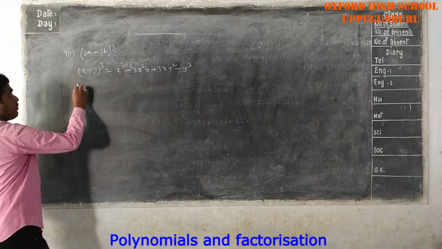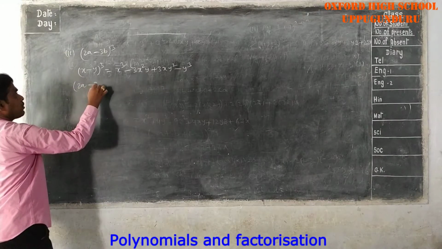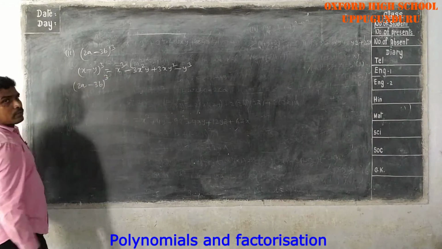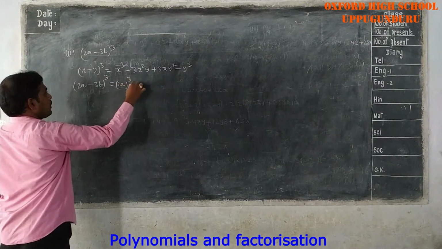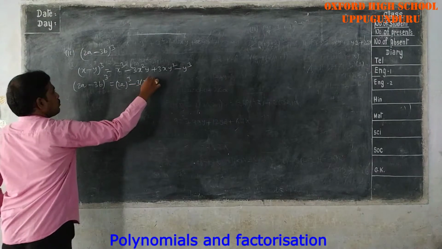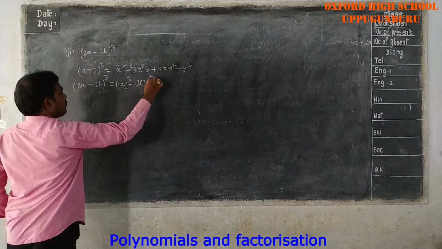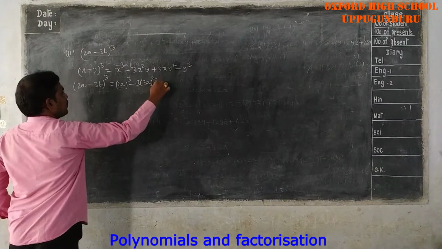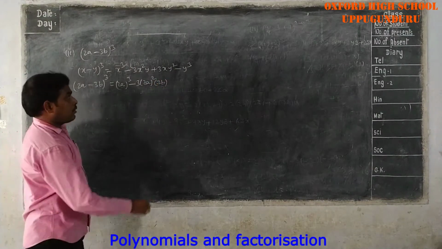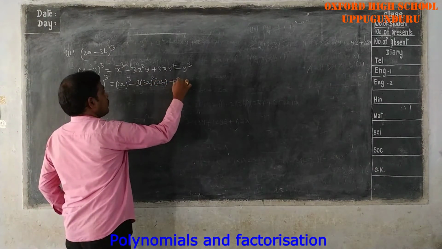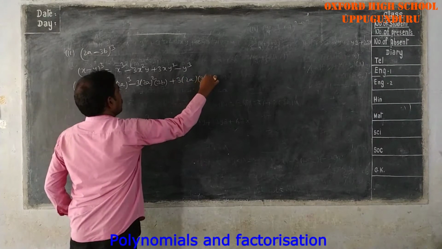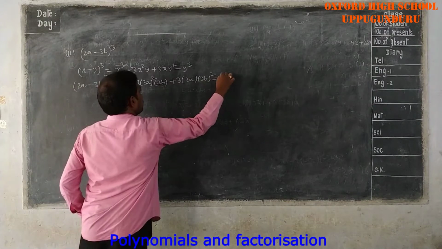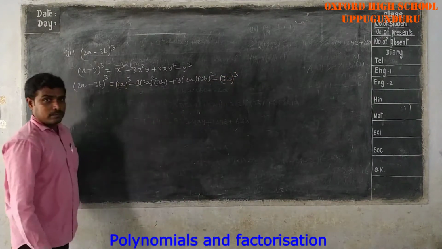Now in place of x you have to write 2a, in place of y you have to write 3b. (2a minus 3b) whole cube equals 2a whole cube minus 3 of 2a whole square into y value, which is 3b, plus 3 into x, which is 2a, y is 3b whole square, minus 3b whole cube.